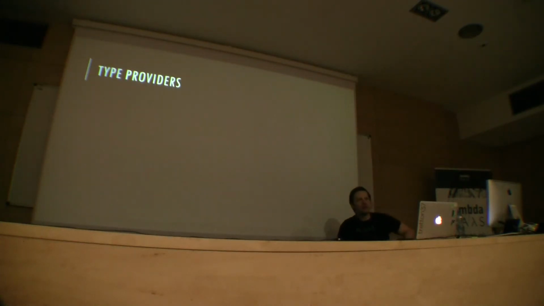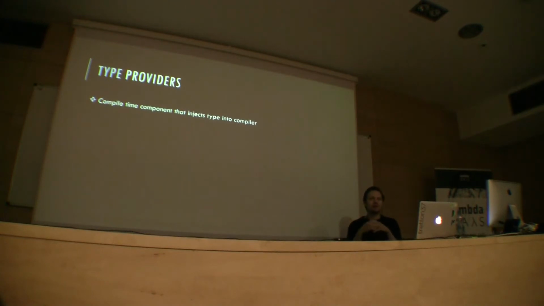One of the most impressive features of F# that I really like is type providers. It's really hard to explain, but I'm just citing the research paper written by Microsoft Research: you can treat them like a compile-time component that injects types into the compiler. And it's done without code generation. It's not like some tools that give you tooltips in IntelliSense by creating code.